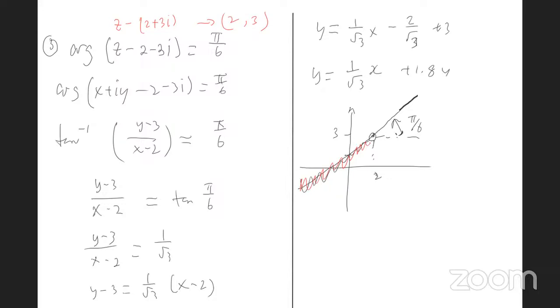So that is your locus: a half line starting at 2, 3, with the equation y is 1 on root 3 x plus 1.84. Any questions there?